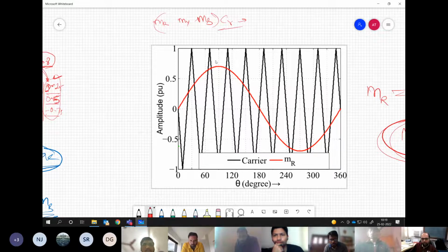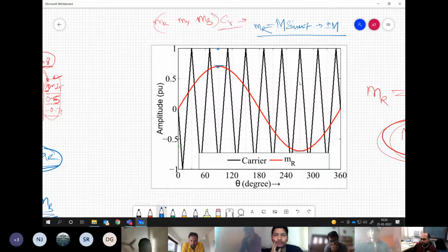Now the problem is that the peak of the modulating signal can only reach up to this boundary. Understand my point? So m sine omega t, which is the MR value, will vary between plus m and minus m, right? The value will vary between plus 1 and minus 1 sinusoidally.